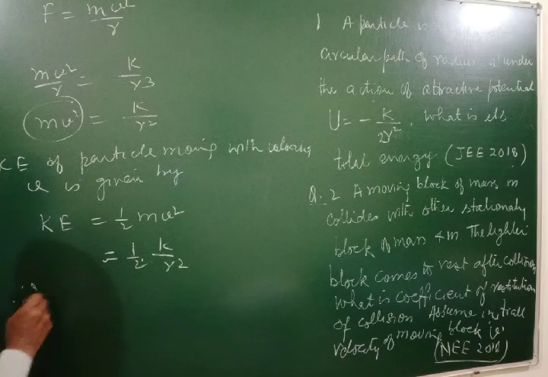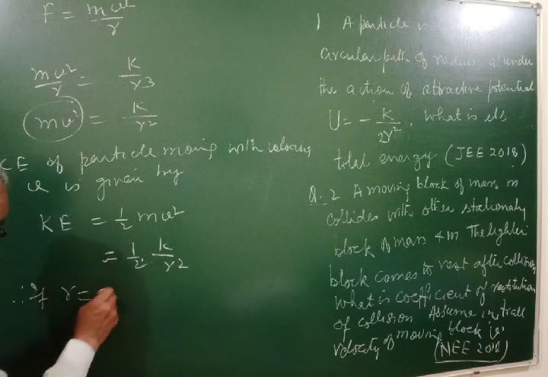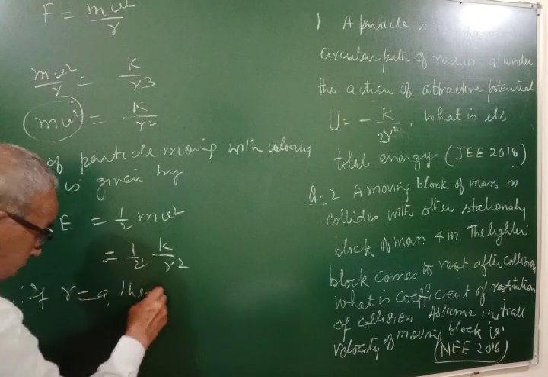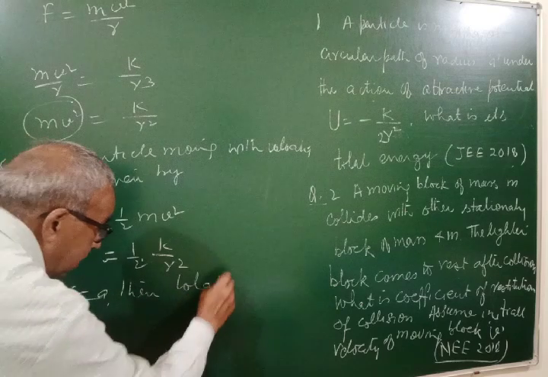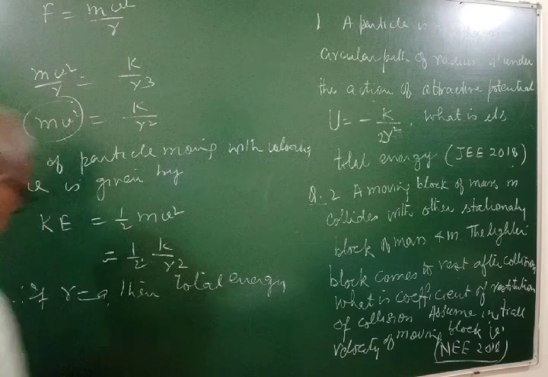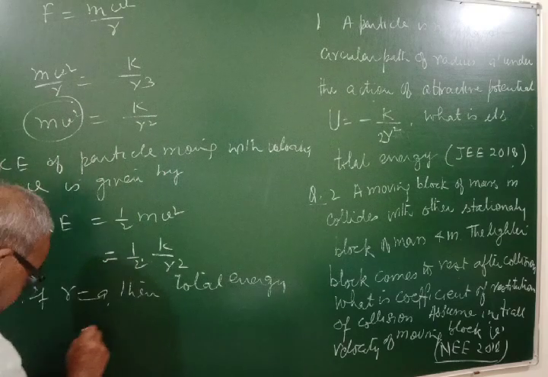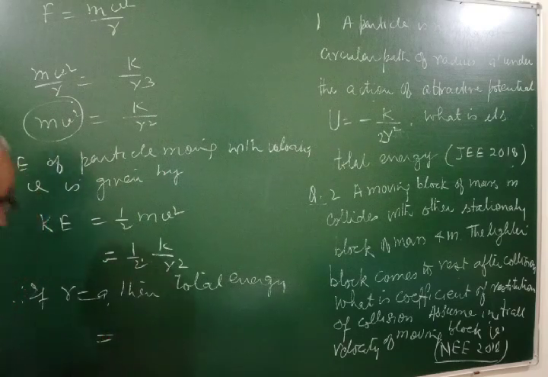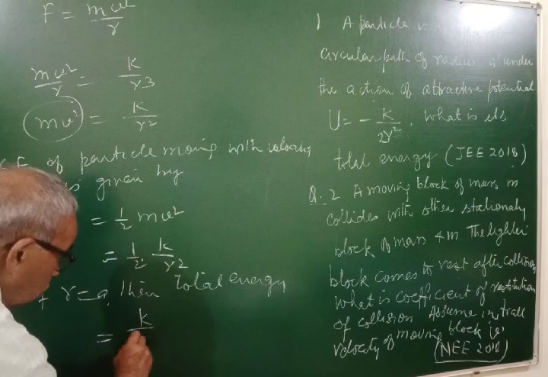So if R is equal to A, then the total energy is equal to K upon 2A square.